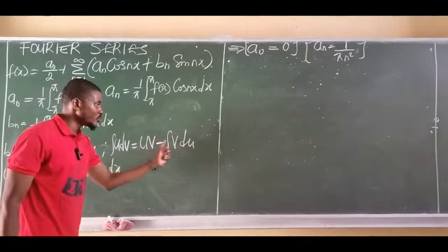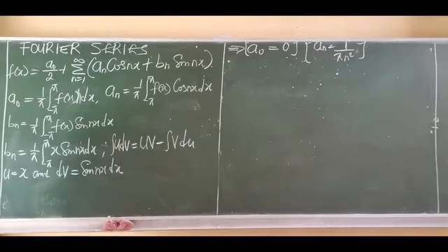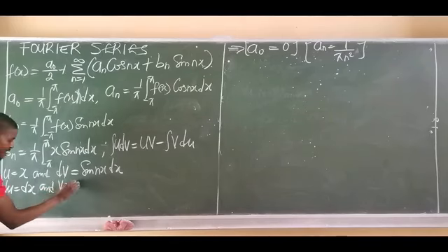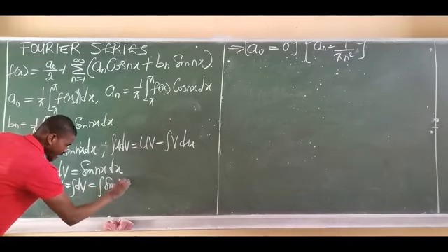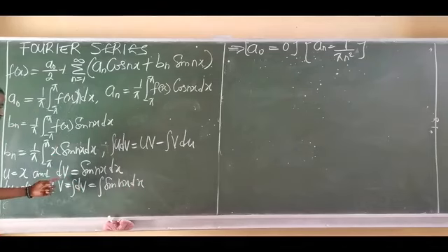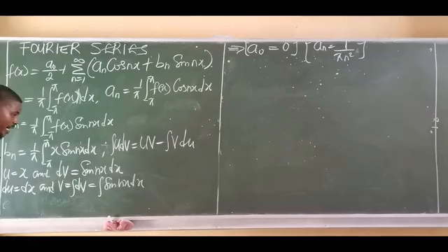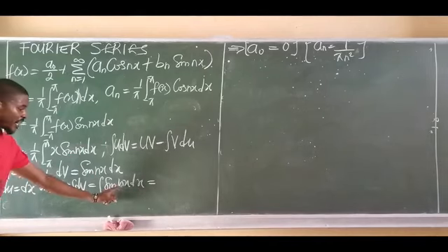So we need to find du and we need to find v. We explained this already. du simply means differentiate u, so differentiating x gives dx. And v is found by integrating dv, which means integrating sine nx dx. To integrate a trigonometric function, first of all differentiate the angle.